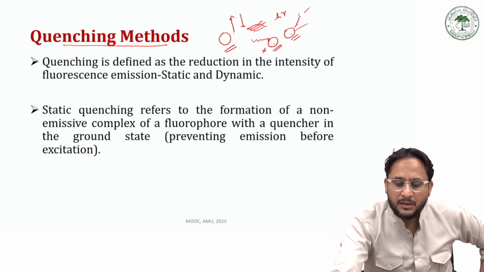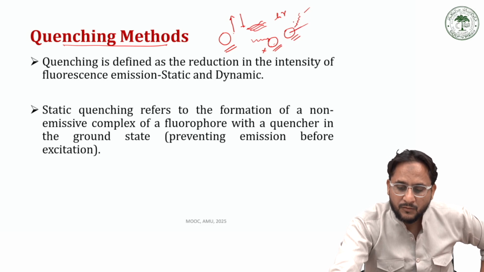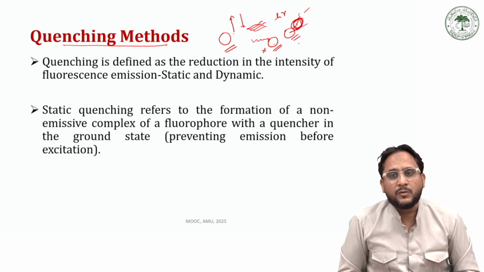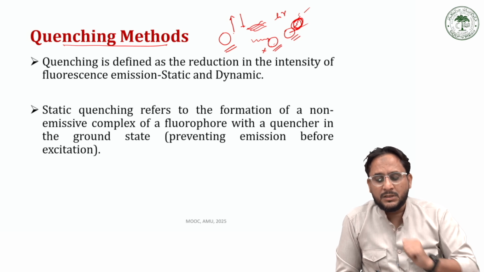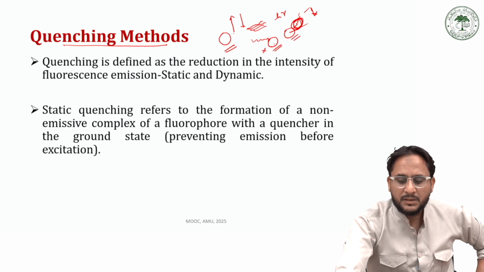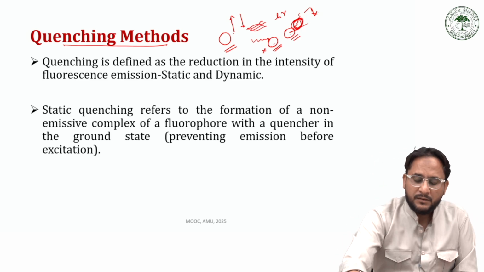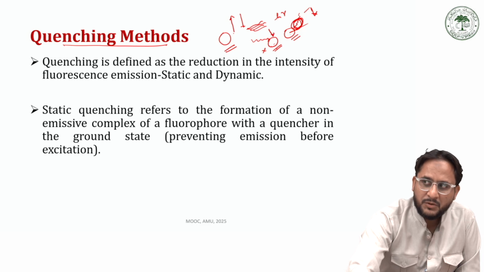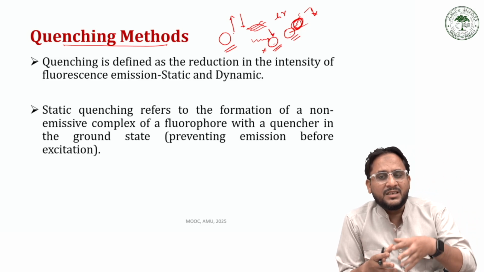Because of the transfer of oxygen via the cell, that oxygen will come here and attach itself to the fluorescent tag, thereby causing quenching. And when it causes quenching, the intensity of this particular cell goes down. But since in the case of the dead cell there is no oxygen uptake, there will be no reaction, there will be no quenching, and the intensity of this dead cell remains the same.